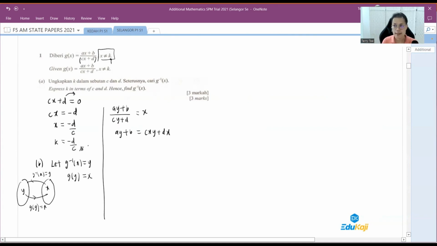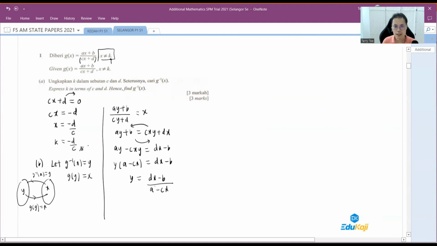We need to make y the subject, so I bring the b over. So ay minus cxy is now dx minus b. Factorize your y, you get y times (a minus cx) equals dx minus b. When you divide, your y is now (dx minus b) over (a minus cx).